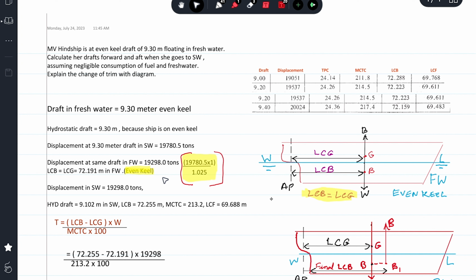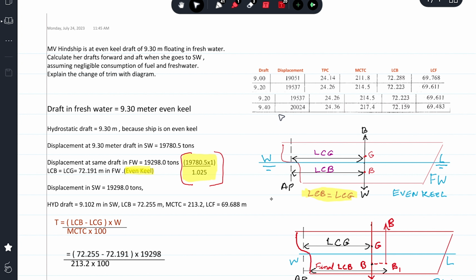So if the ship is at even keel, we know that LCB must be equal to LCG. So LCB is 72.191 meter in freshwater, and you know the LCB is not affected by density. So you can just enter 9.30 meter draft in the particulars, even though the particulars are for salt water, but it doesn't affect the LCB.